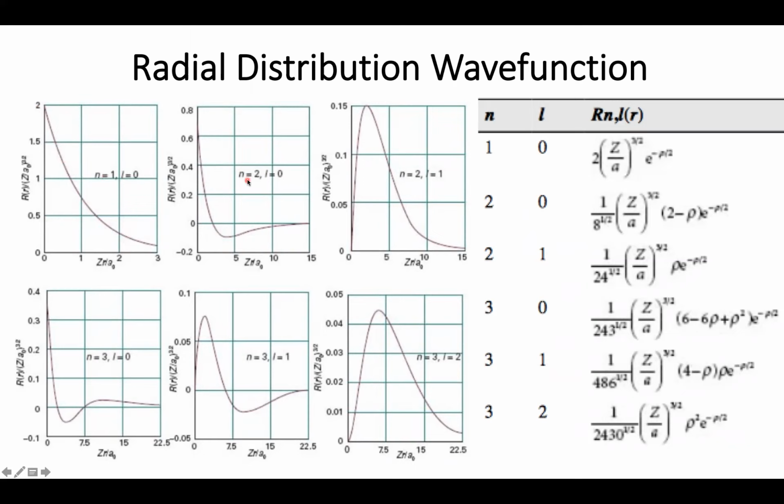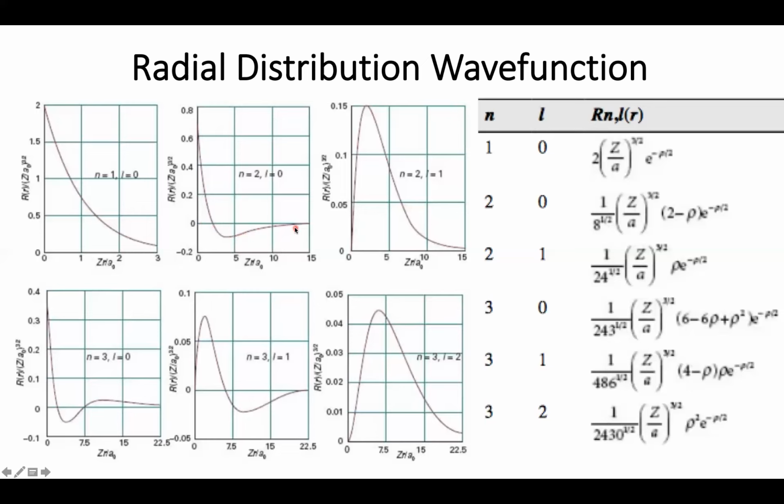Now, when n equals 2, L equals 0, again, no angular motion, I'm still going to have a fairly high probability of my system being found near the nuclei. Single crossing: my wave function will cross 0 once, which again makes sense because this will be a single node, and I'll have an exponential die-off of my wave function at long ranges.